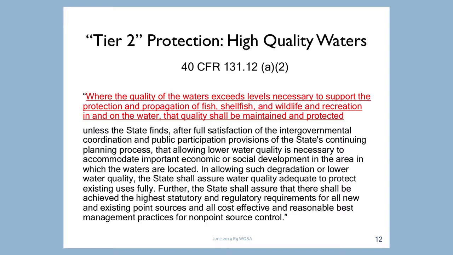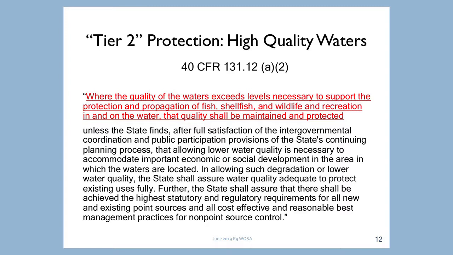It's a lot of words on this slide. You don't need to read them all. The presentation breaks down the very important parts of Tier 2, and we'll talk about each part. The first key part is at the very front: where the quality of the waters exceeds levels necessary to support the protection and propagation of fish, shellfish, and wildlife and recreation in and on the water, that quality shall be maintained and protected.